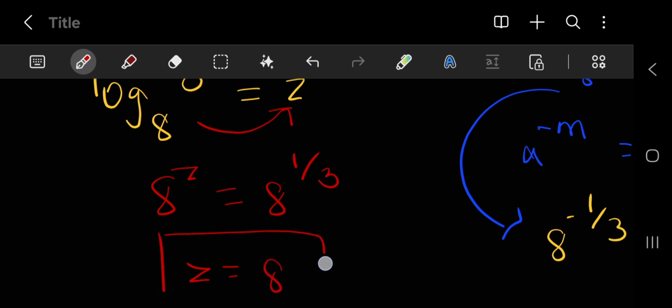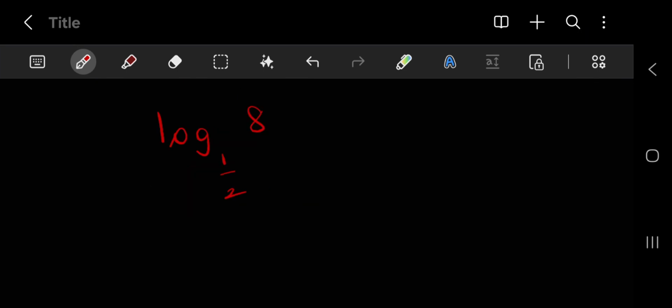I know that 1 by 2 is nothing but 2 power minus 1, because a power minus m is equal to 1 by a power m. So I can write it as log 2 power 3 base 2 power minus 1 is equal to x. Writing it in exponent form, I'll get 2 power minus 1 whole power x is equal to 2 power 3.